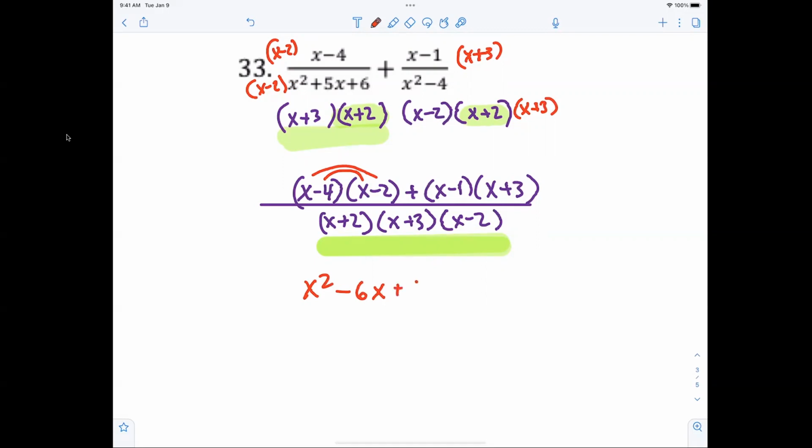Plus 8, because negative 4 times negative 2. Continue on. X times X. Now we're doing our smiley face. Here and here. Thank you. Positive 2X. And then multiply negative 3. Everybody good with that?